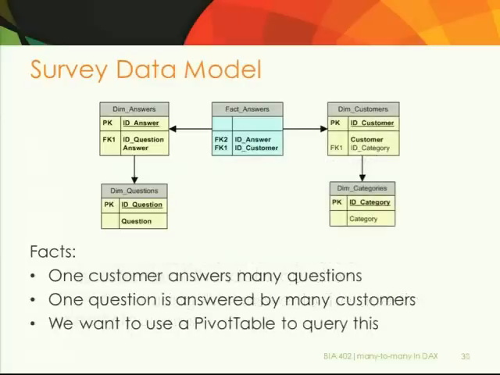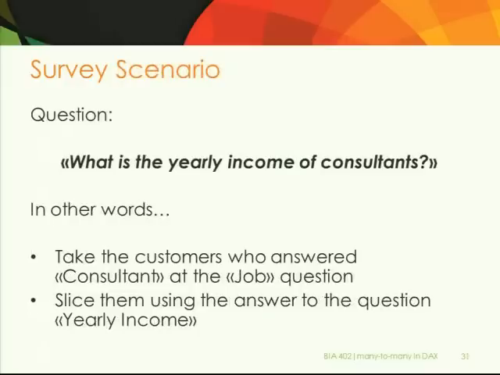The beauty of this data model is that the job and the income are not in the data model. The data model is very generic. It can contain any kind of question, any kind of answer, and we will be able to query it in a very generic way without having a specific data model for a specific question.